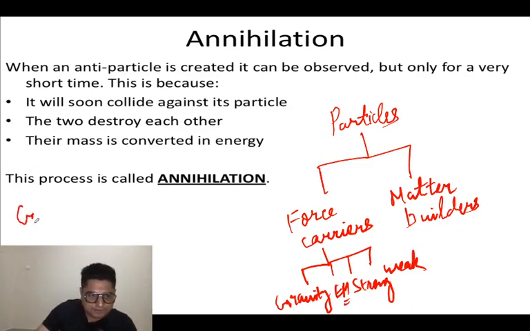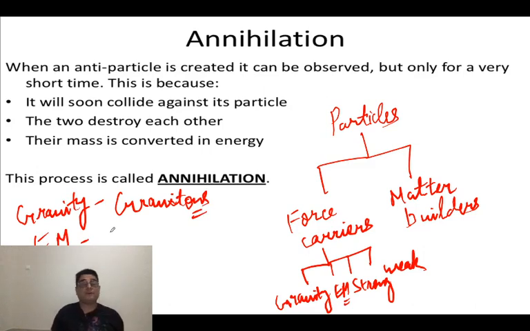Starting with gravity, it's still a hypothesis that there is a particle called the graviton. For electromagnetic, which I already mentioned at the start of this lecture, the EM force is carried by photons. For strong, I've already mentioned gluons.